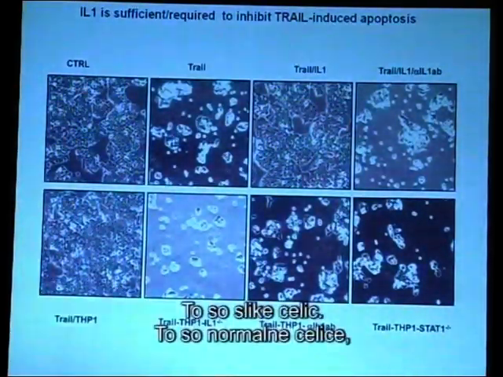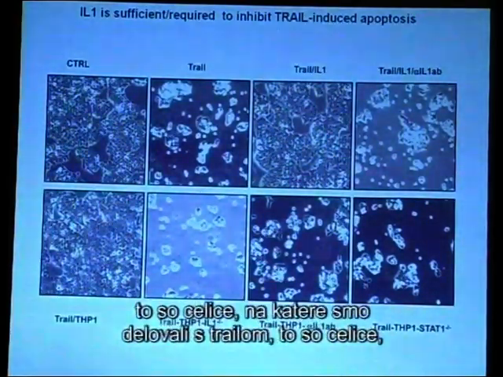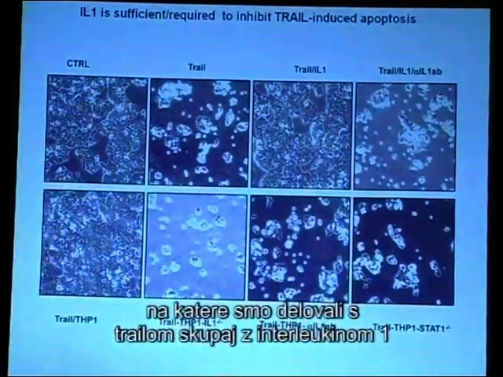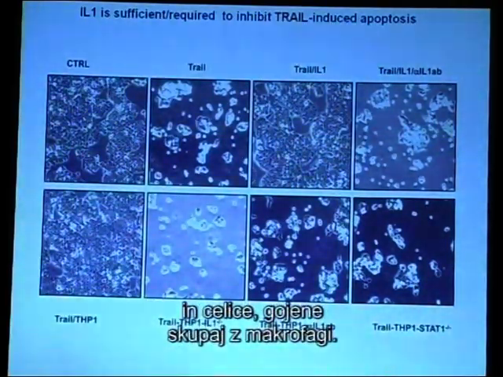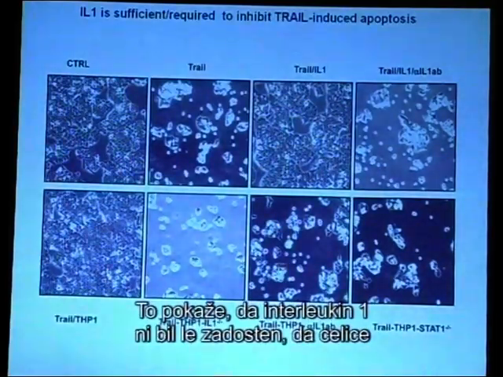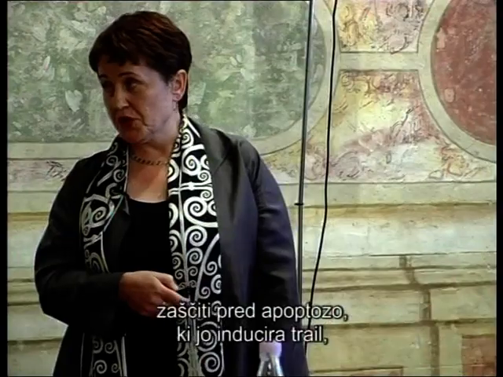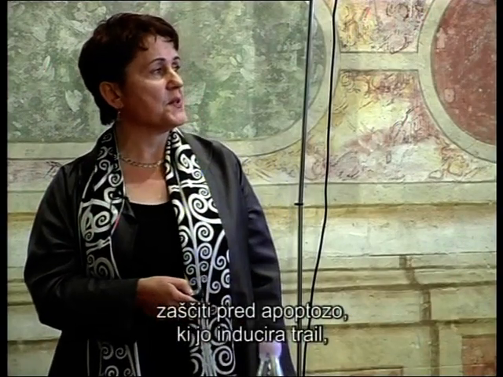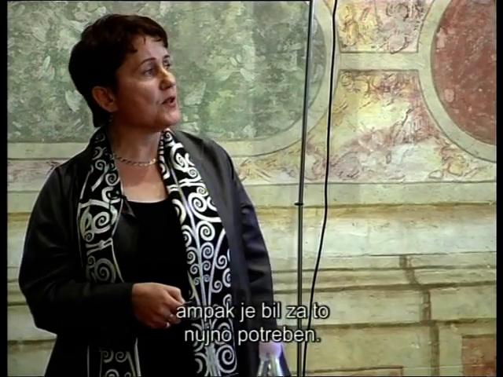You can see here a picture of the cells. These are normal, healthy cells. These are TRAIL-treated cells. And these are TRAIL-treated cells together with interleukin-1. And these are TRAIL-treated cells cultured in the presence of macrophages. And we show that interleukin-1 is not only sufficient to protect cells from TRAIL-induced apoptosis, but was also required.